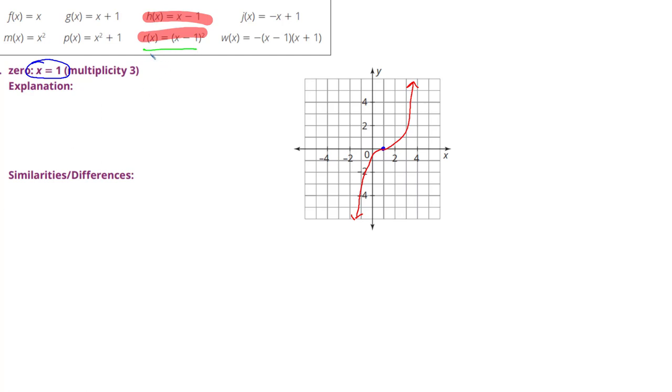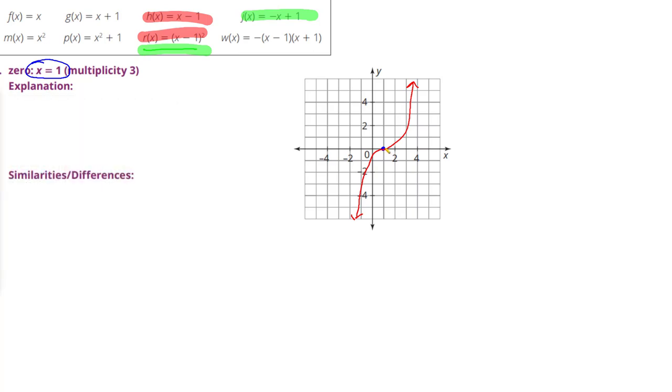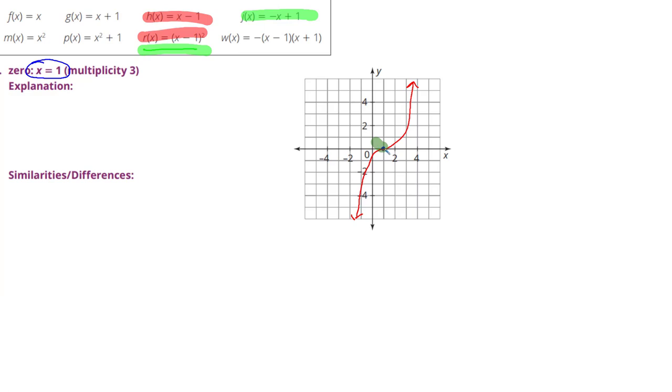If you instead did these two, what would have been different is your graph would have gone the opposite direction. It would have gone this way.